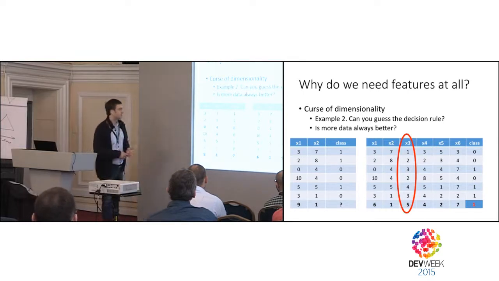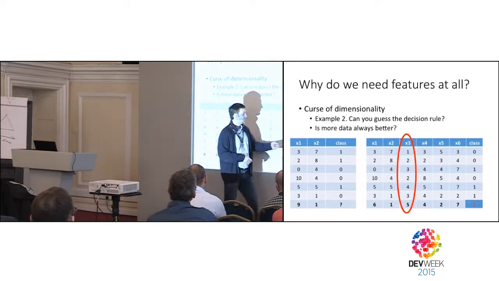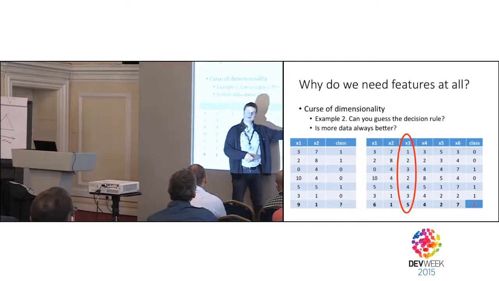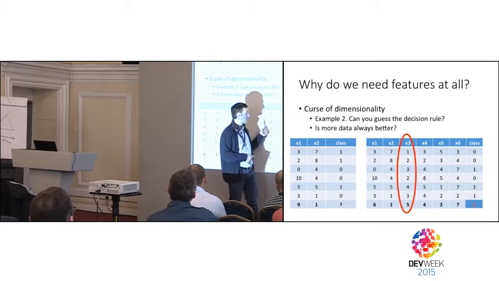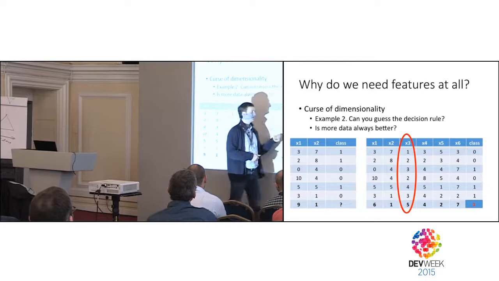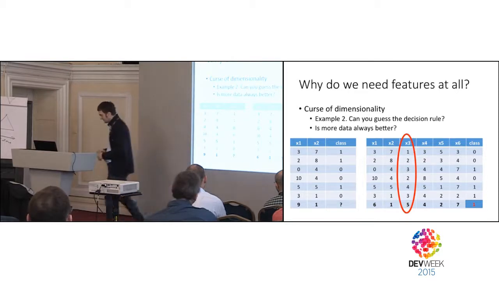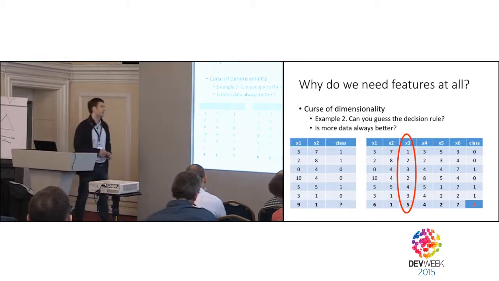That's the problem of the curse of dimensionality, because you now may have multiple guesses. Whether it's this column that is influencing the data, or that column, or maybe this is just noise and a distractor. And it's now extremely difficult to understand what the decision rule is.